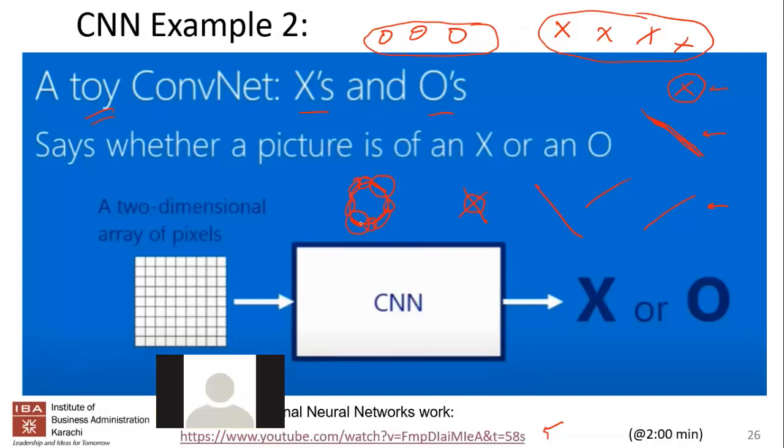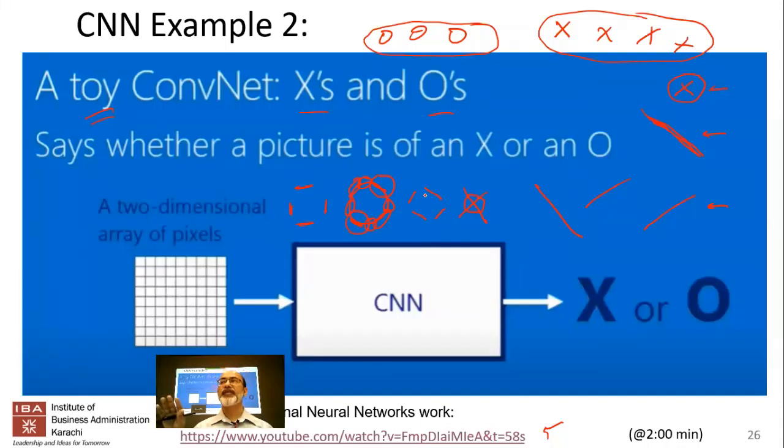So essentially, think about an O, it's a combination of all of these. But remember, in an X, none of these lines appear. So these are unique things about an O, which completely differentiate it. The slanting lines over here also appear in an X.